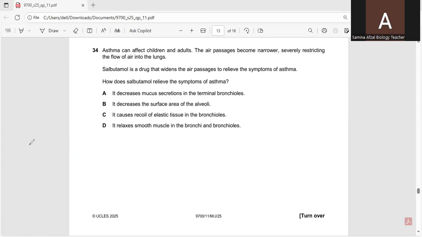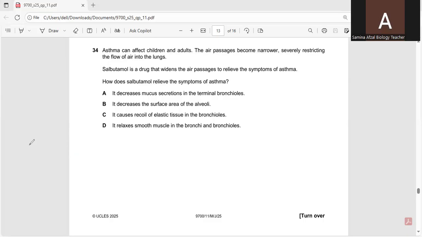The air passages become narrower, severely restricting the flow of air into the lungs. Salbutamol is a drug that widens the air passages to relieve the symptoms of asthma.